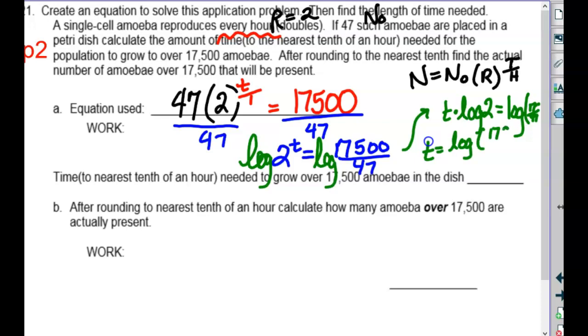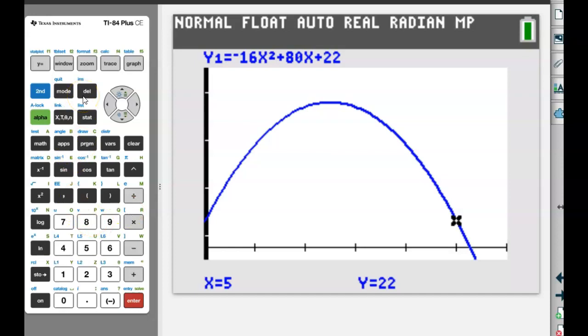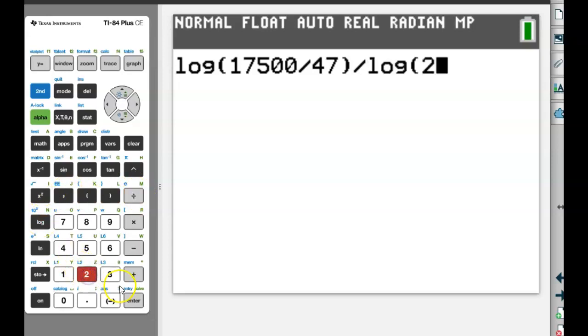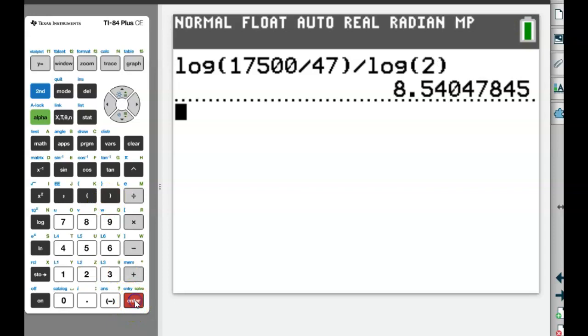Log of 17,500 divided by 47, all divided by the log of 2. Well, at least we skipped that last step where we don't have a t over something, because it was every hour.